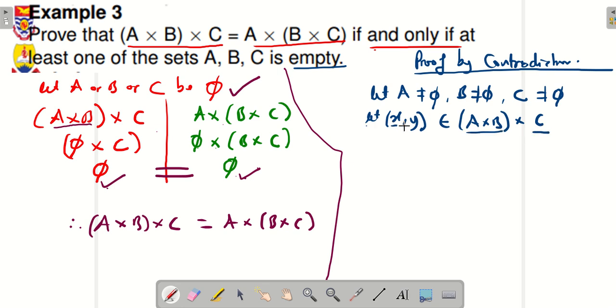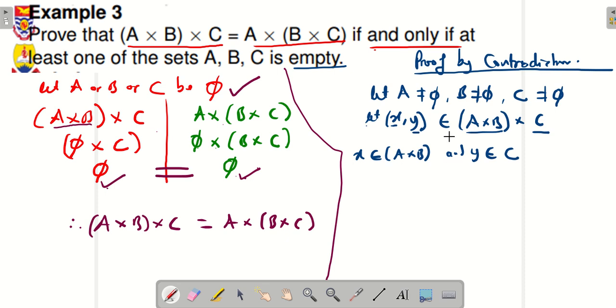Remember that this is the first value and this is the second value. Because we have an ordered pair, x must belong to the first set, which is A × B, and y belongs to the second one, which is the set C.